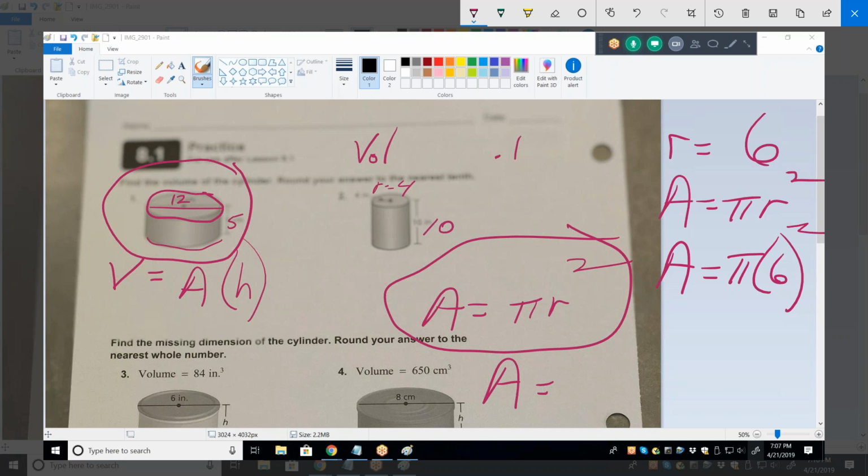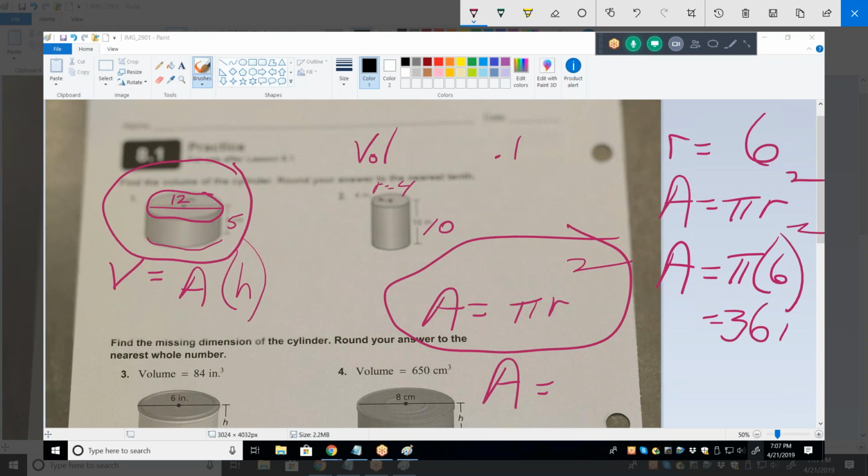Pi equals 3.14, don't worry about that. That's not the important part of this problem. The important part is being able to multiply 6 times 6, and you gave me a wrong answer. Oh, 36. Okay.